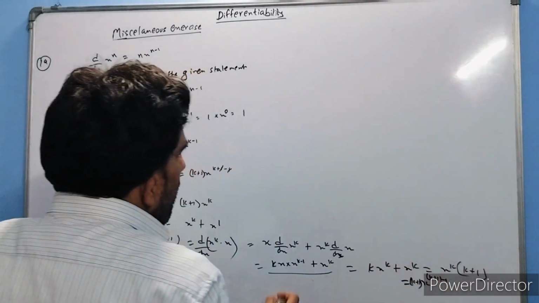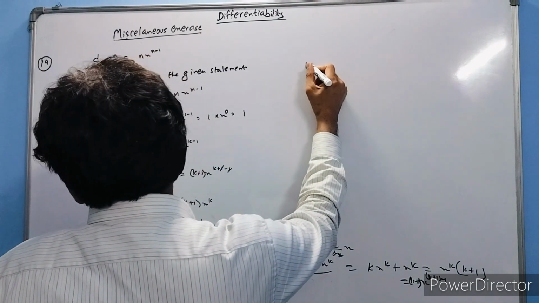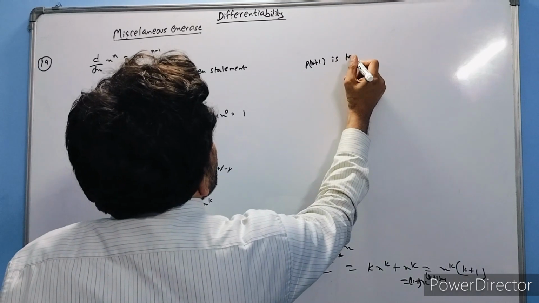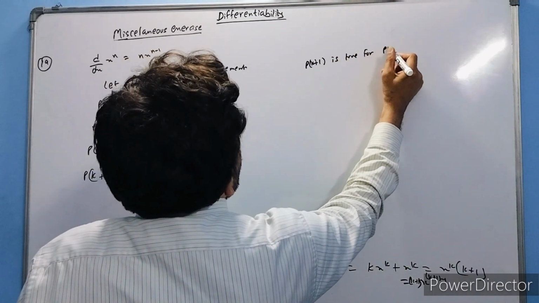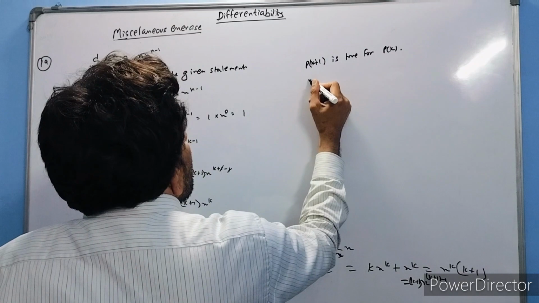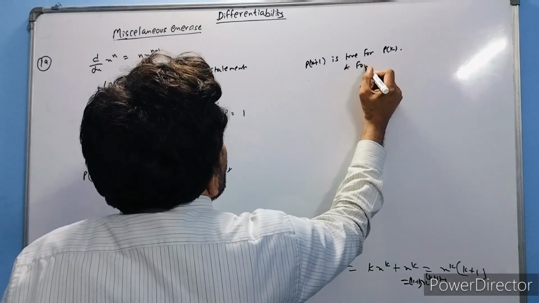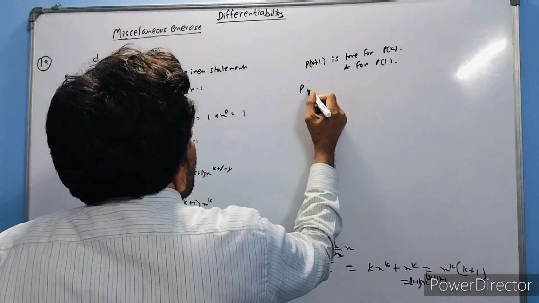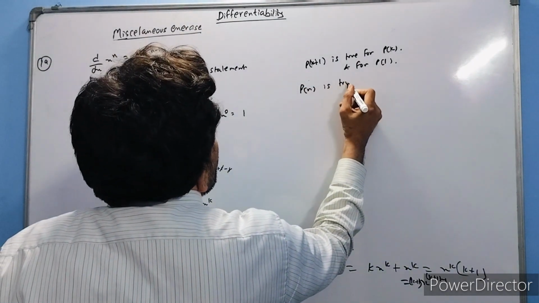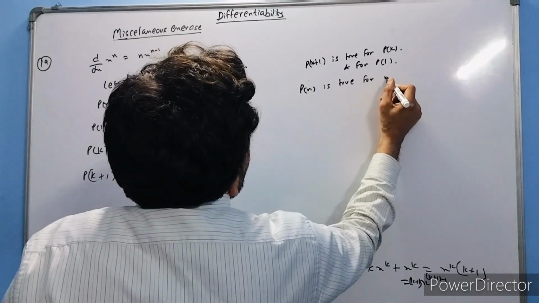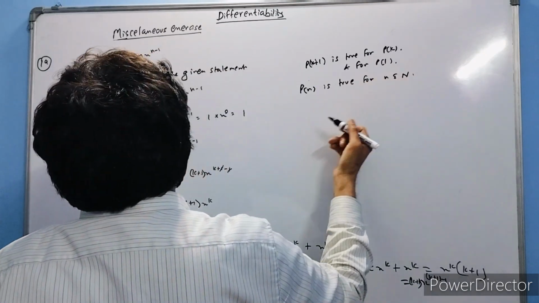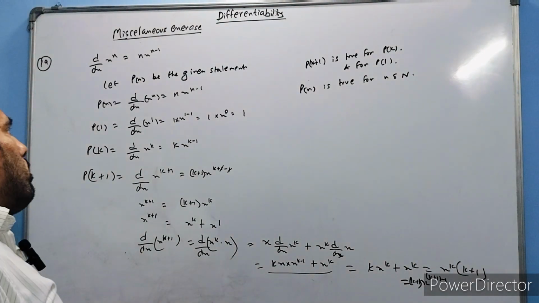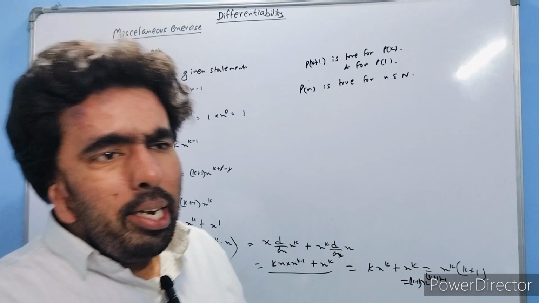So we can say that P(k+1) is true whenever P(k) is true, and also P(1) is true. So we can say that P(n) is true for n belonging to the natural numbers. That is how we solve this problem using mathematical induction.